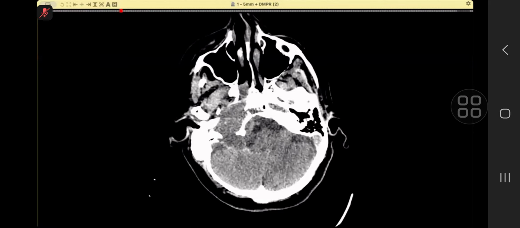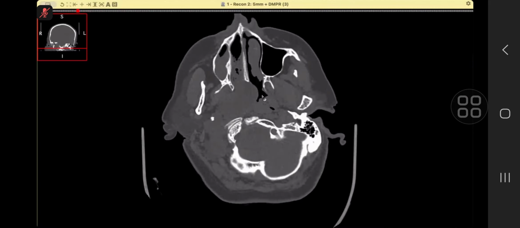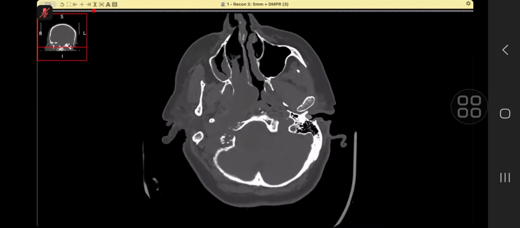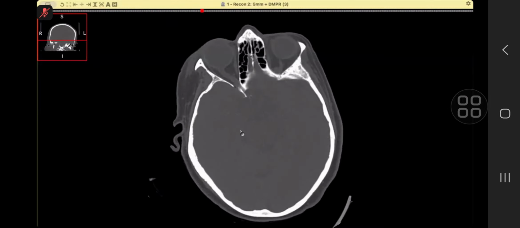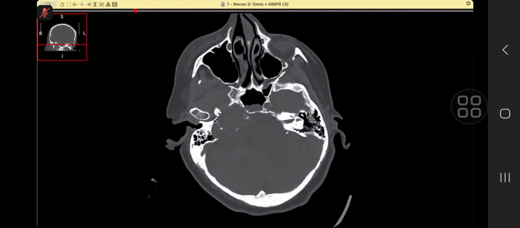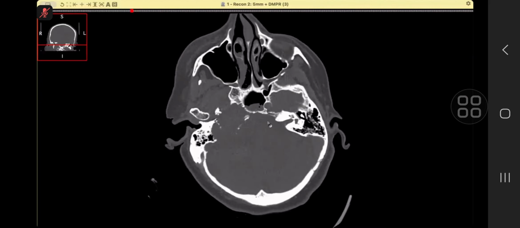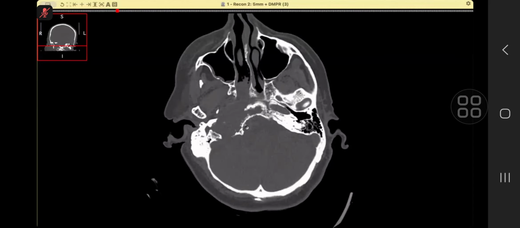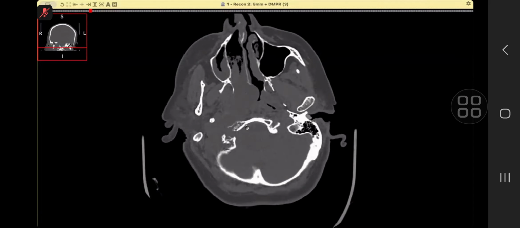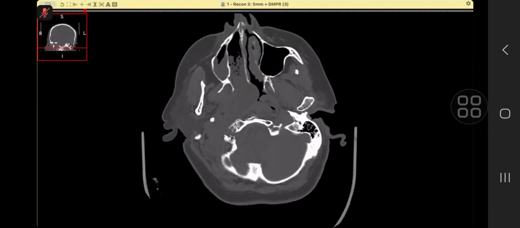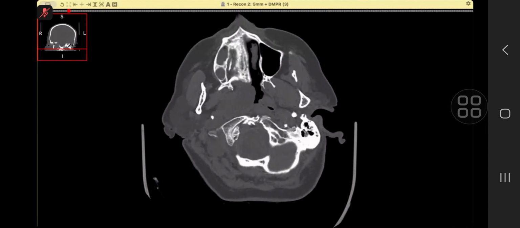Now, if you see your anatomy, if you go here and compare this versus this, there is a lot of destruction, and you can see, as I was pointing out, that the hypoglossal canal, etc., is involved.